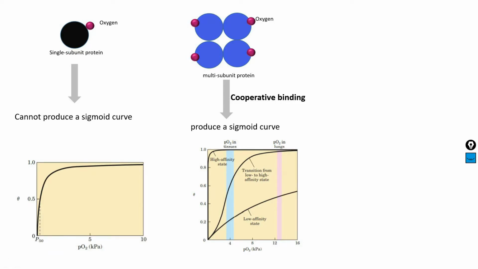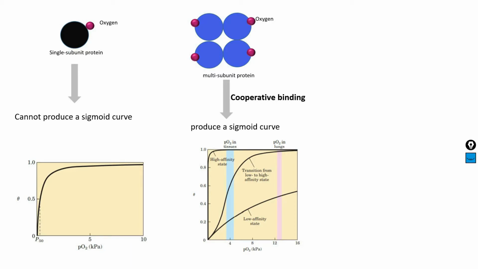The first molecule of oxygen that interacts with deoxyhemoglobin binds weakly, because it binds to a subunit of hemoglobin in the T state. The binding of the first molecule of oxygen leads to conformational changes, and these conformational changes are communicated to adjacent subunits. That makes it easier to bind additional molecules of oxygen.